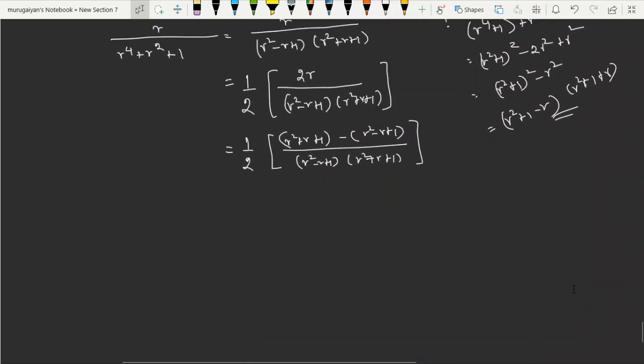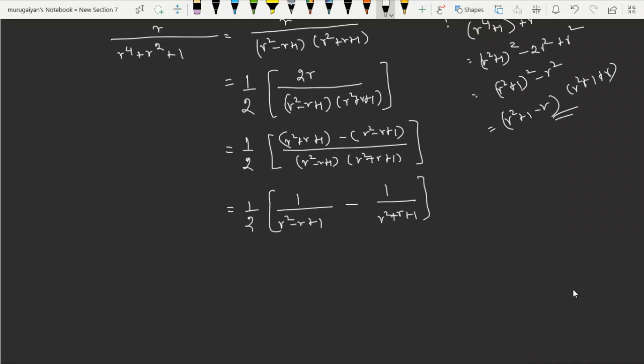We continue. Then 1 by 2, this is the technique of partial fractions: 1 by r square minus r plus 1 minus 1 by r square plus r plus 1. And this is the general term r by r power 4 plus r square plus 1.